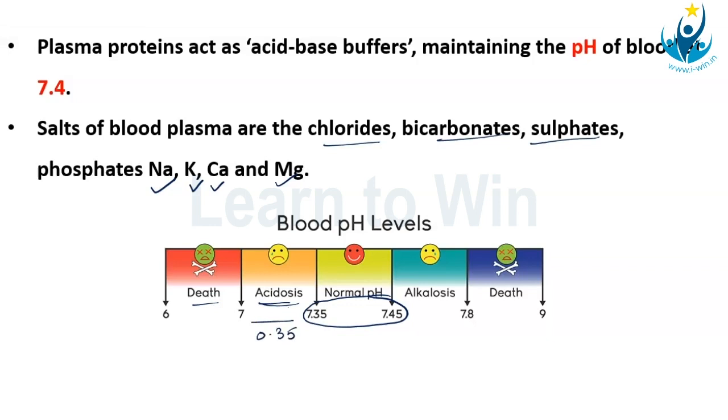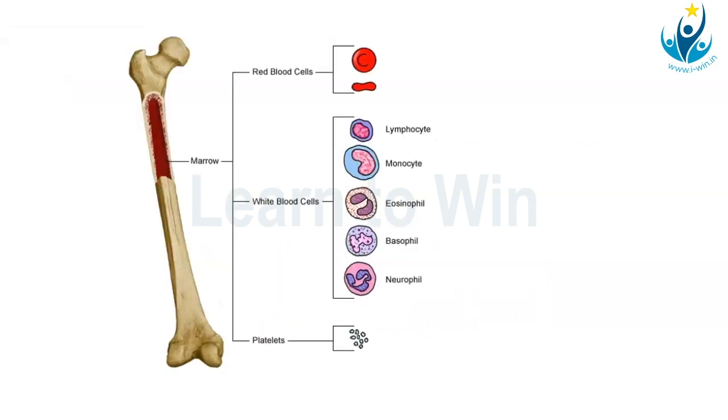Anything less than 7 is death. Similarly, if it is more than 7.45, we call it alkalosis, but this is a little better. At least it stays up to almost 7.8, so this is also almost a 0.35 difference, and anything beyond 7.8 to 9 is again death. So that covers the normal range, acidosis and alkalosis. This is the plasma.